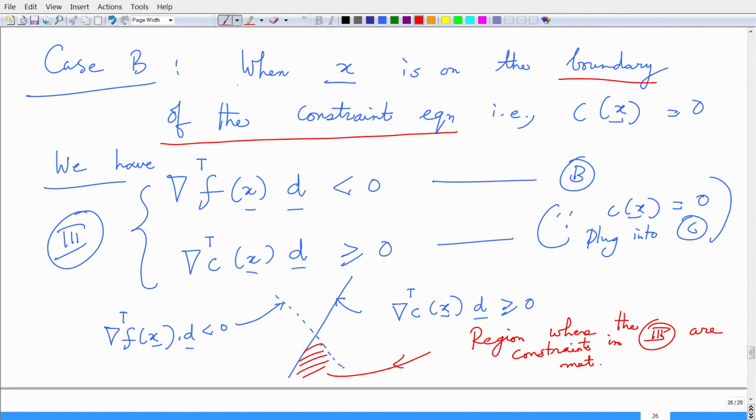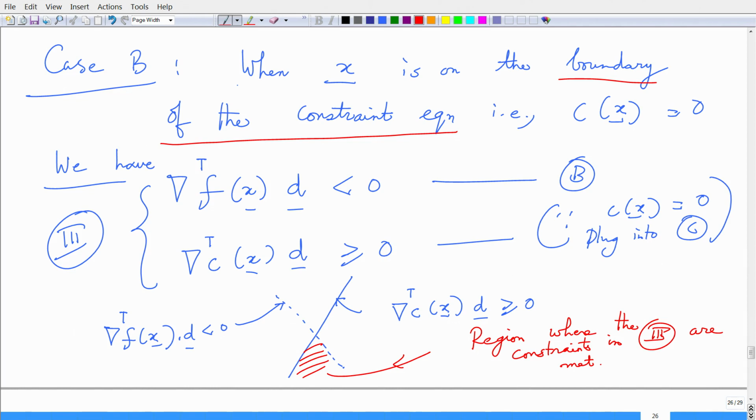So, you can always negate the sign and arrive at the constraint, but since we are looking at the geometry of the problem where we are looking at feasible points inside the circle or on the boundary, the first case, case A, was a situation where it was inside the circle, here it is on the boundary, that is satisfying Cx equals 0.